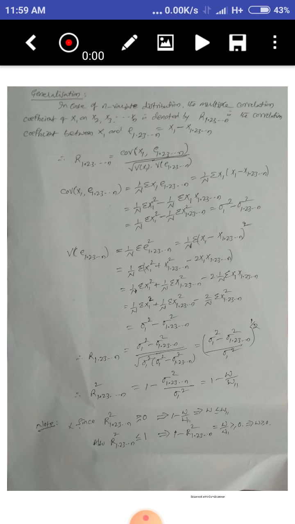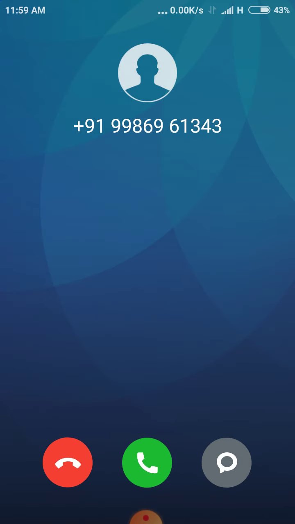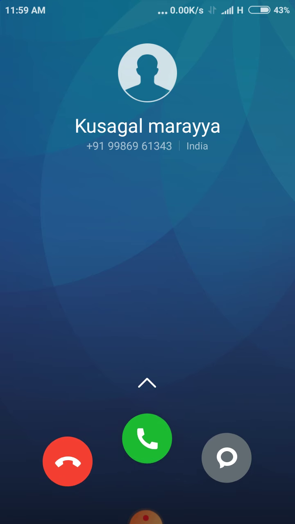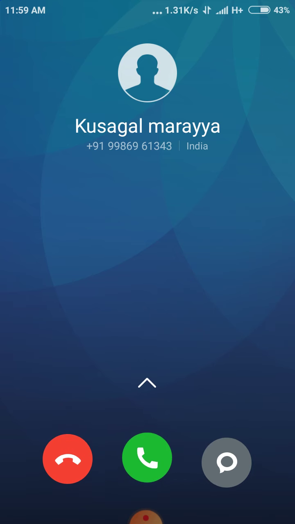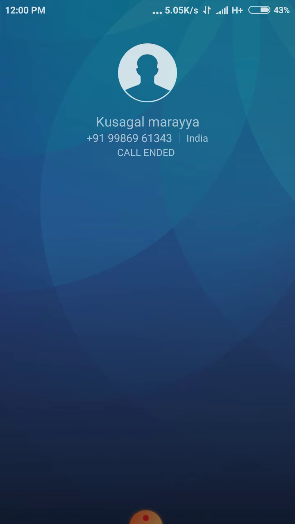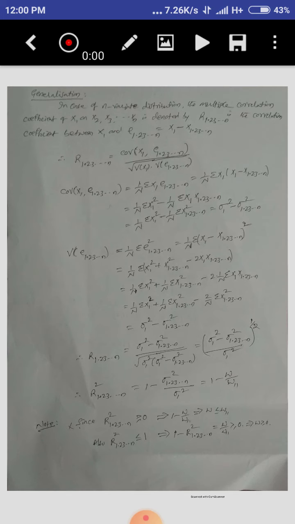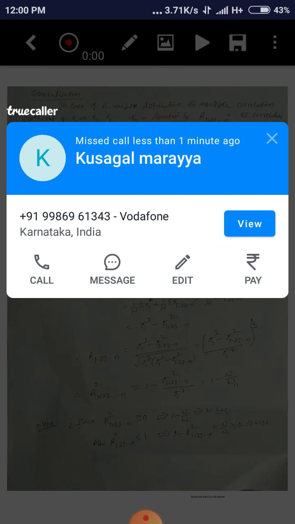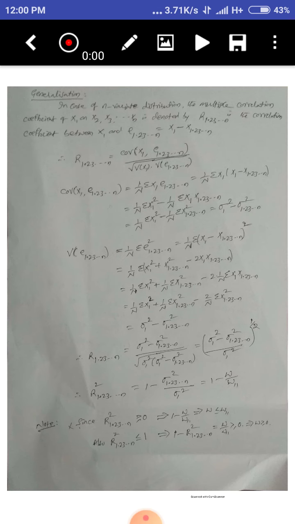So it is once again a correlation between x1 and the joint effect of x1 and the others. So once again, by using the definition, R1.23 up to n equals the covariance between x1 and e1.23 up to n divided by the standard deviation of x1 and the standard deviation of e1.23 up to n.